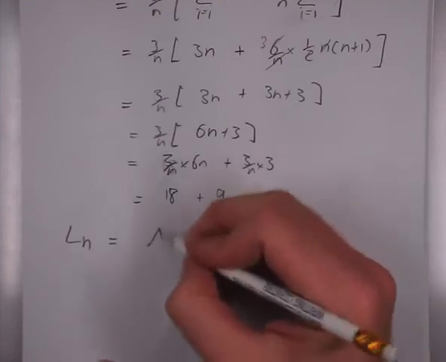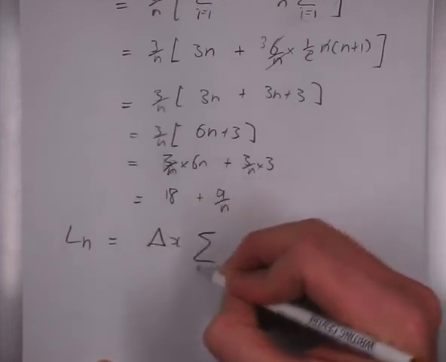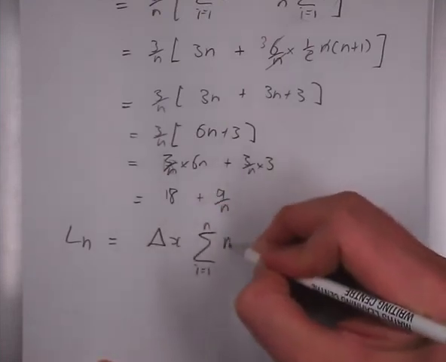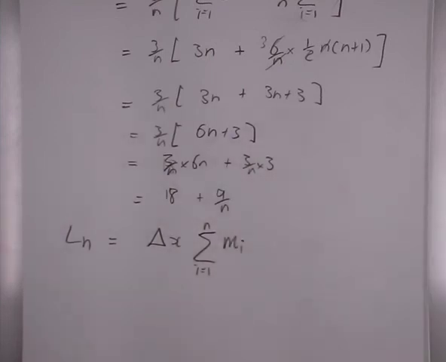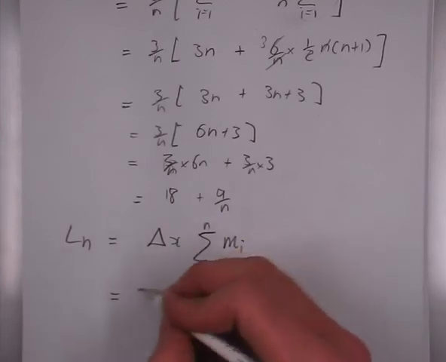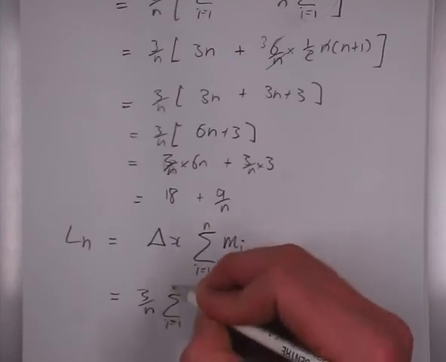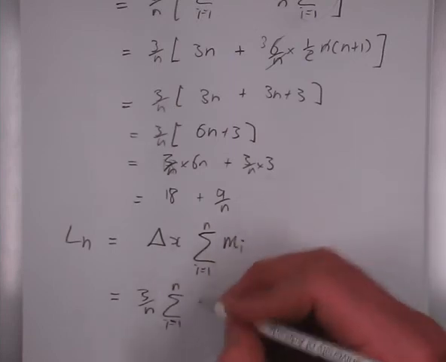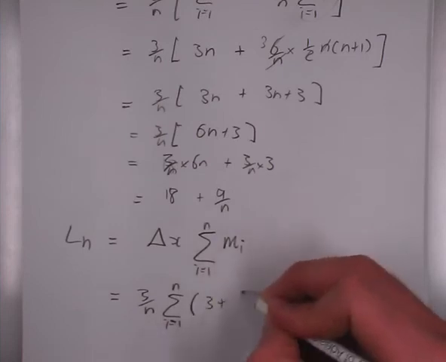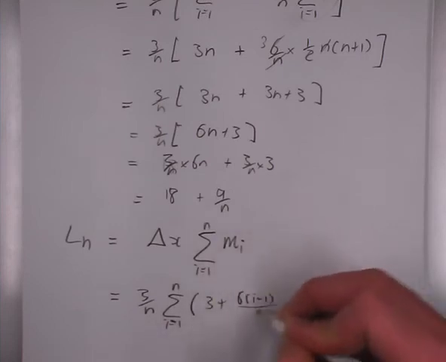So the lower sum would be delta x times the sum of the minimums. And the delta x was 3 on n. And the minimum was 3 plus 6 times i minus 1 on n.